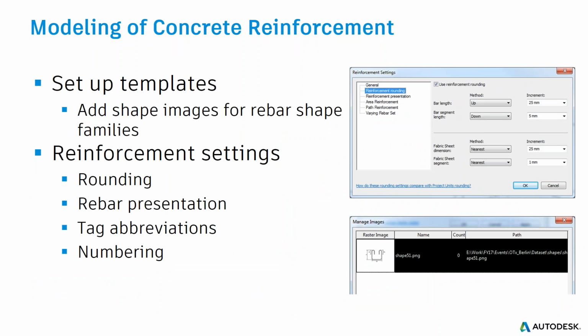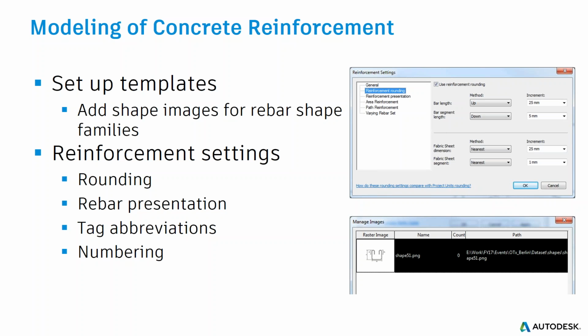What we need is to set up templates. Before you start modeling rebars, you should have a short look at how important the settings are for all reinforcement. For example, including hooks in the rebar shape definition, as well as including end treatments in the rebar shape definition, should be defined before any rebar is placed in the project.